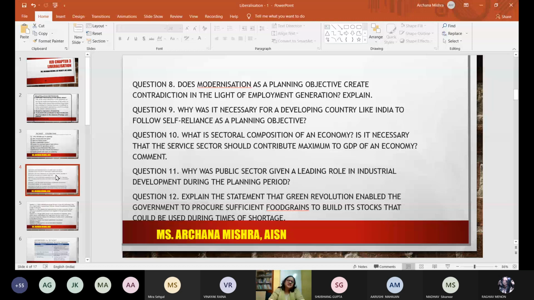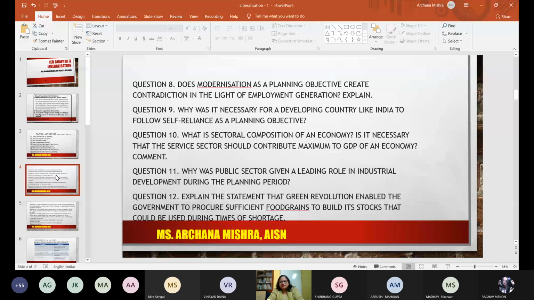Why was the public sector given a leading role, children, instead of the market? Very, very important. So the public sector was given the commanding heights of the economy, as we discussed in the previous class, that India was a backward economy. On the eve of independence, we had a very handful of industrialists who had the kind of capital required to set up an industry, and that too was very little capital.